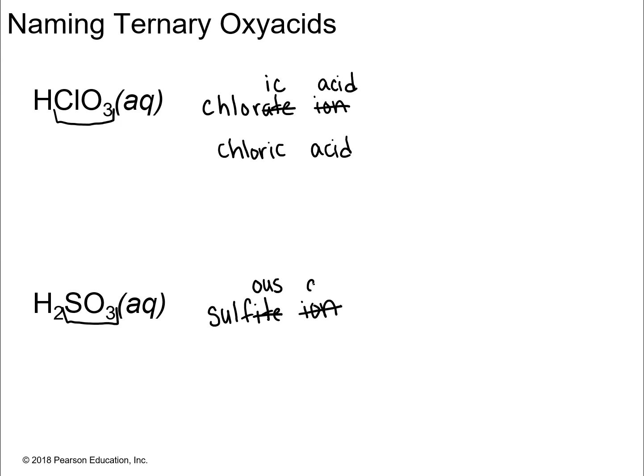You replace ion with acid, so that our name is sulfurous acid. You may also see it written like this. They're the same. It's just a little spelling thing. This is America, so you're going to see it with an F. But if you see a PH instead, don't go crazy. It's okay. It's the same thing.